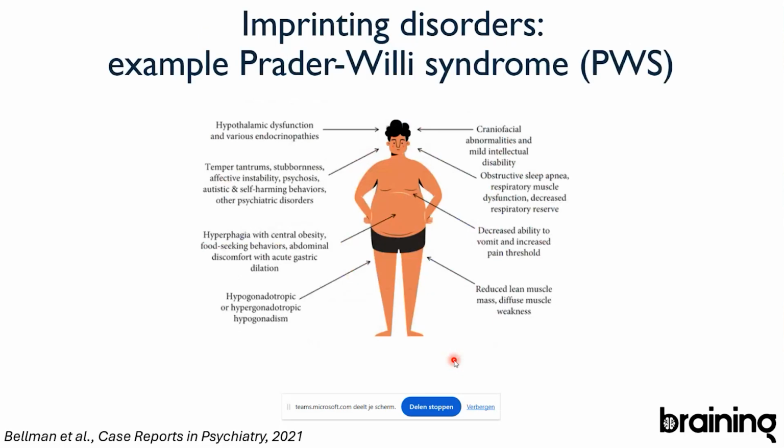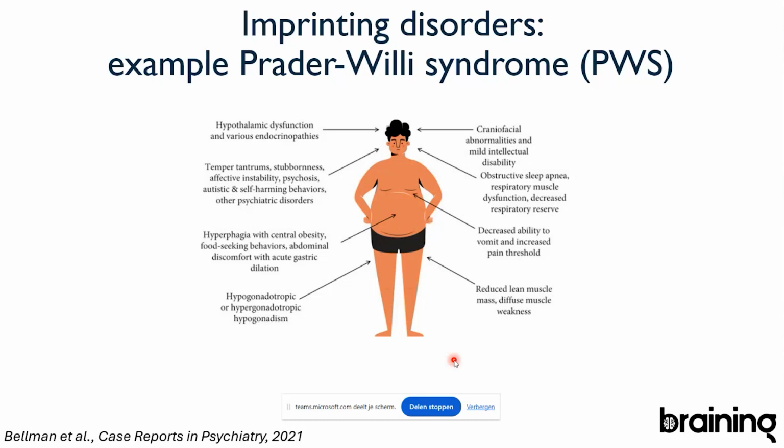Okay, and there are a number of imprinting disorders, and I give you here the example of Prader-Willi syndrome. Prader-Willi syndrome is an imprinting disorder. There are some very obvious clinical telltale symptoms. So, for example, when those babies are born, they have muscle dystonia, so they cannot keep themselves upright.